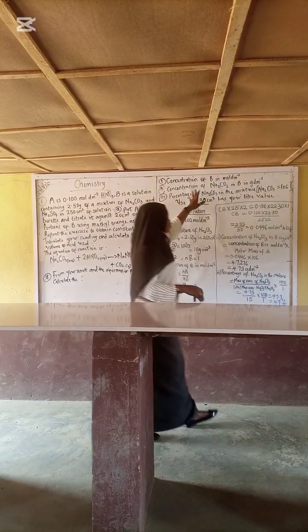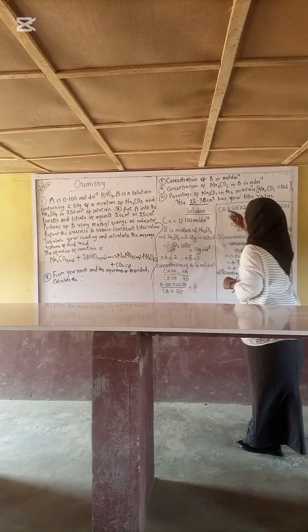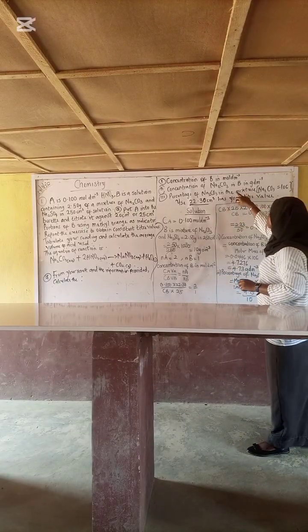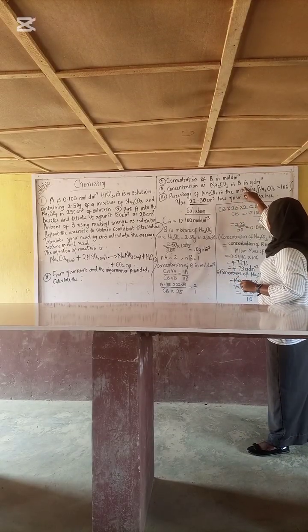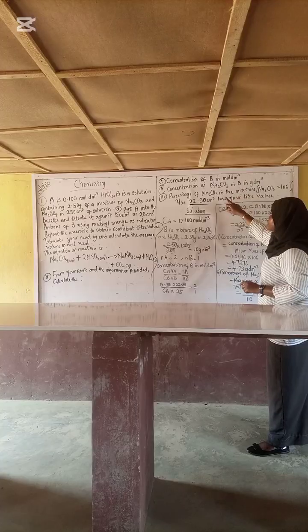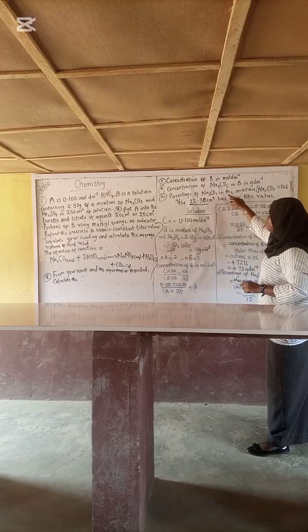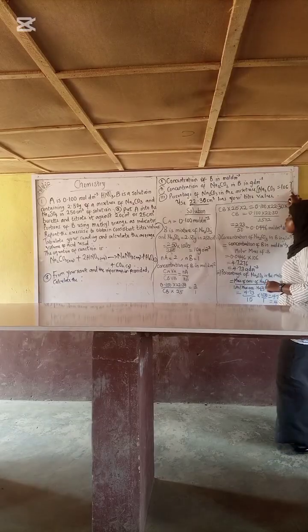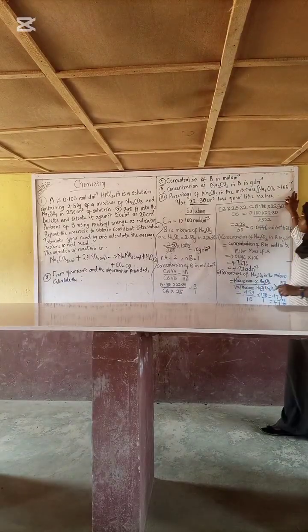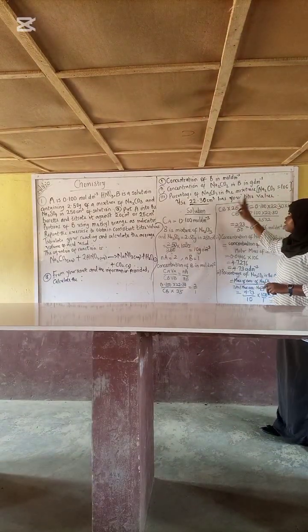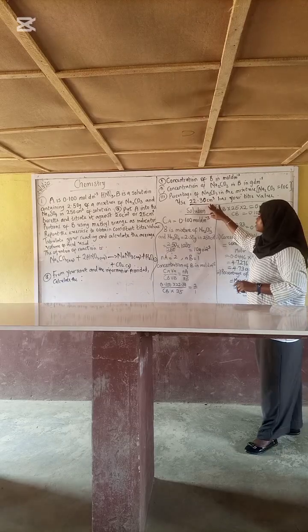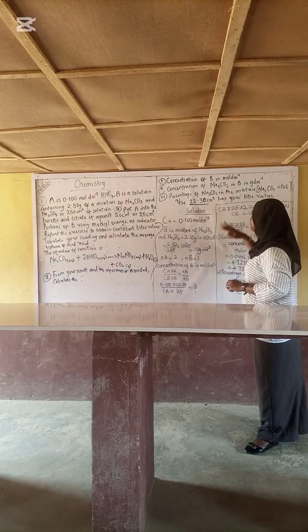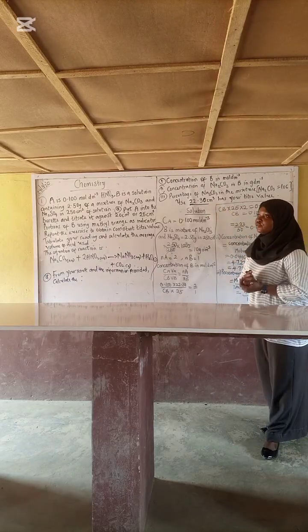We have to calculate the concentration of B in mole per DM3, concentration of sodium carbonate in B in gram per DM3, and percentage of sodium carbonate in the mixture. We are given the molar mass of sodium carbonate as 0.6. This is the molar mass of the base, and then use 22.30 centimeters as the titer value.